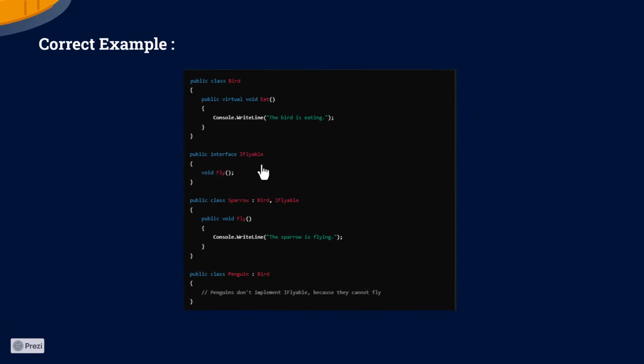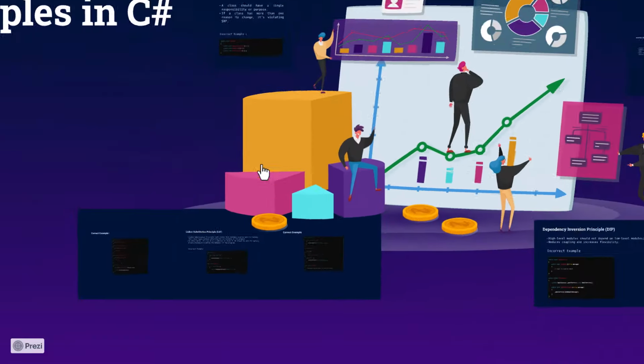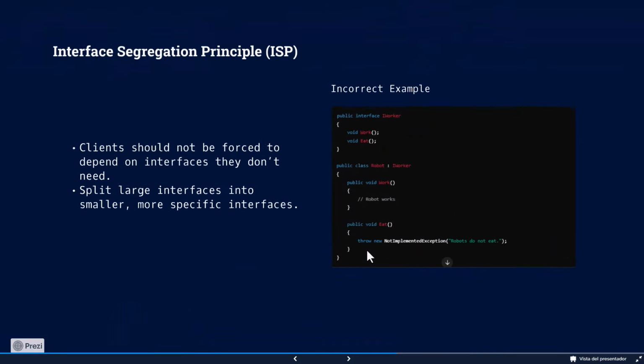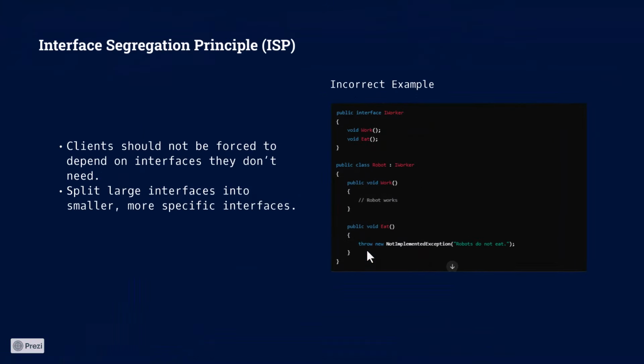Now let's continue with the next one, which will be the next principle, called the interface segregation principle, or ISP. Clients should not be forced to depend on an interface they don't need.